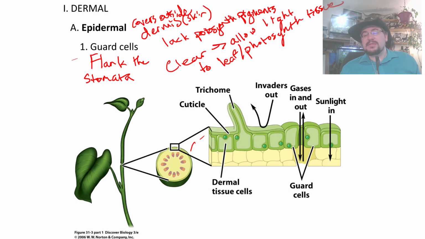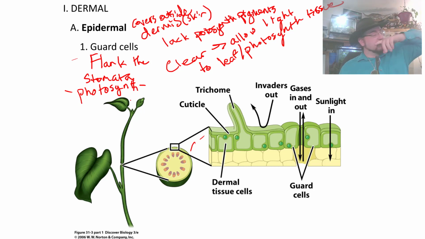And these guard cells contain chloroplasts, so they are photosynthetic, unlike just about all the other examples of epidermal tissue that I found. They allow for closing and opening of the stomata to manage evapotranspiration, to manage water loss.